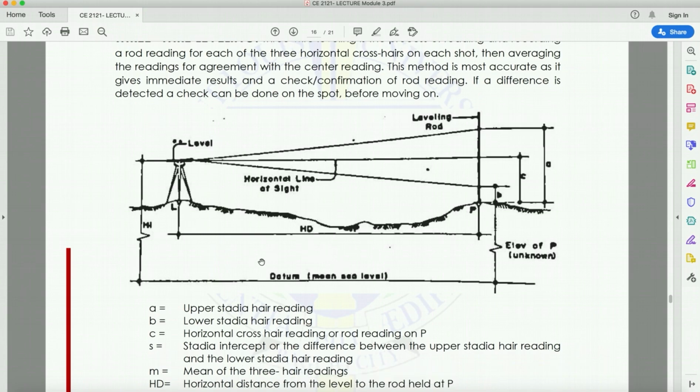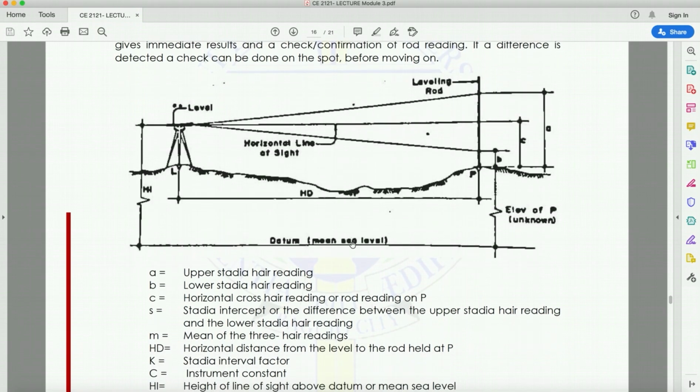And for this case, our datum is the mean sea level. HD is the horizontal distance. Okay? So A here is the upper stadia reading. B is the lower stadia reading. And C is the horizontal crosshair reading on rod reading on P. Okay, so this is point P.